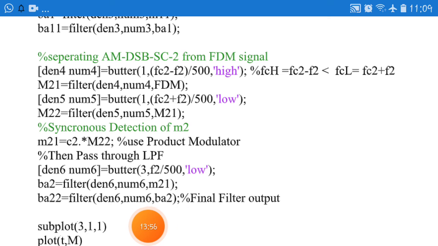Finally you will get BA22, which contains the demodulated signal of DSBSC2.